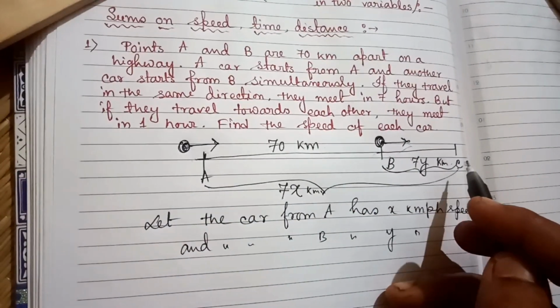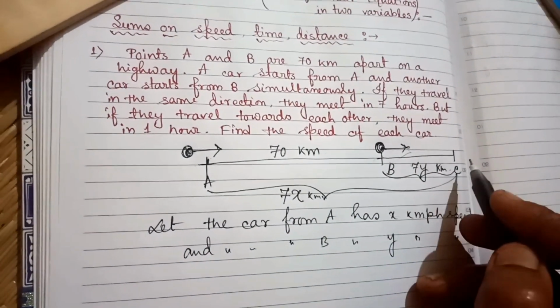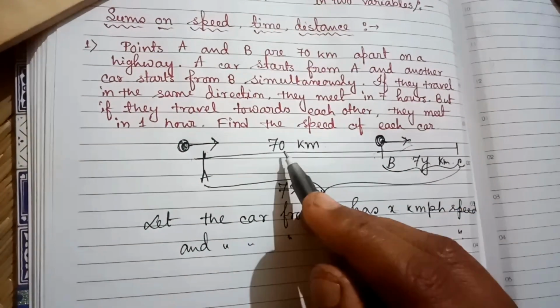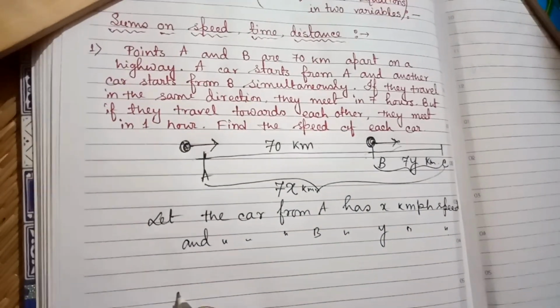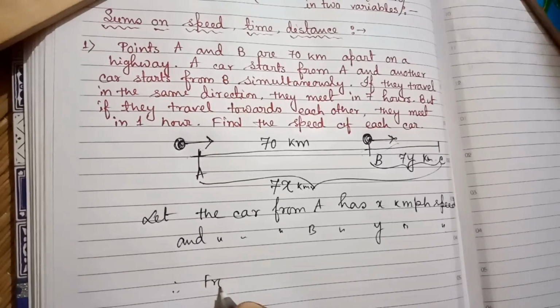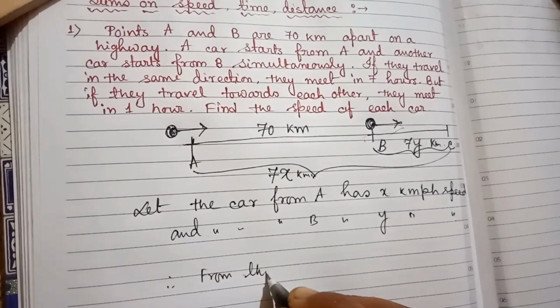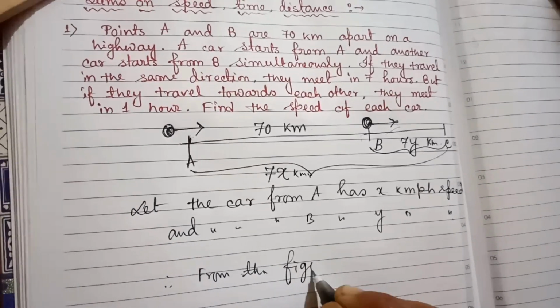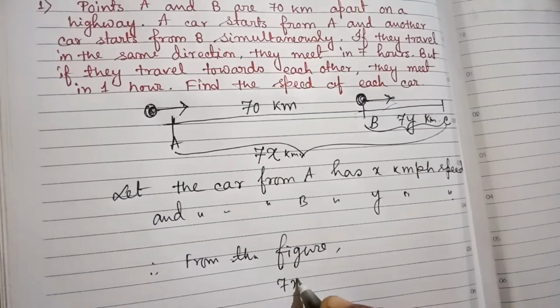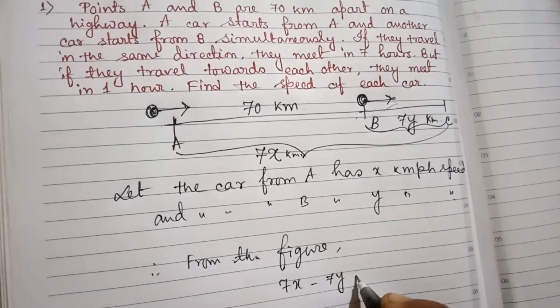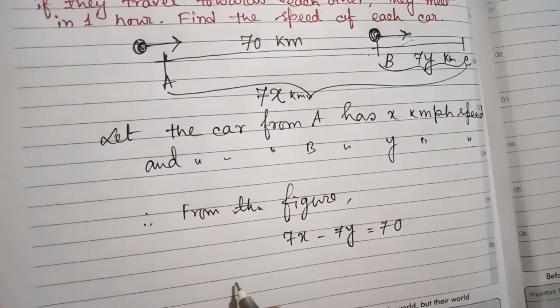From the figure you can say that 7x minus 7y is equal to 70. It is very much visible from the figure. 7x minus 7y equals 70.